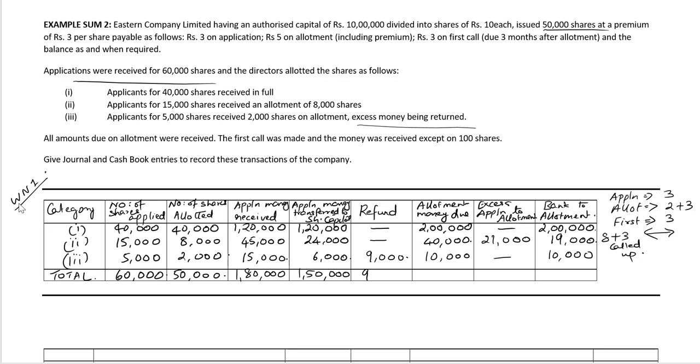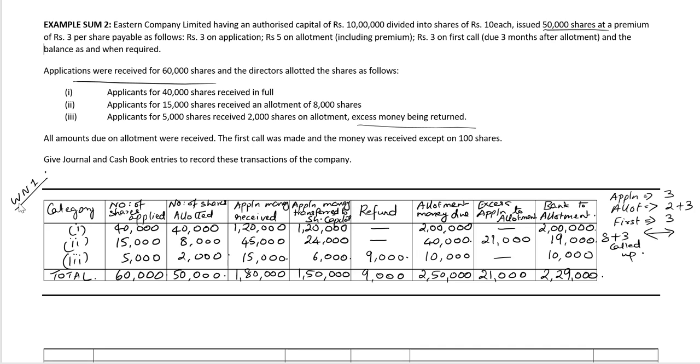The total of the refund column is 9,000 rupees. The total of the allotment money due column is 2,50,000 rupees. Total of the excess application money transferred to allotment column, 21,000 rupees. And the total of the bank to allotment column, the last column, is 2,29,000 rupees.